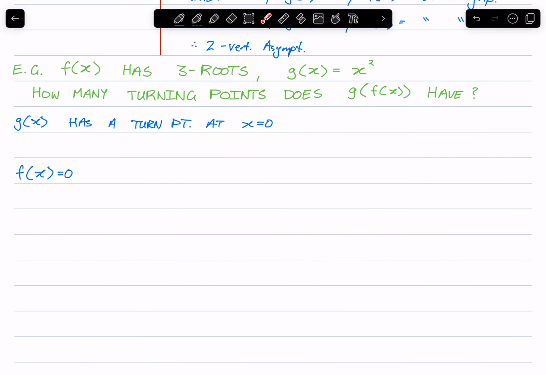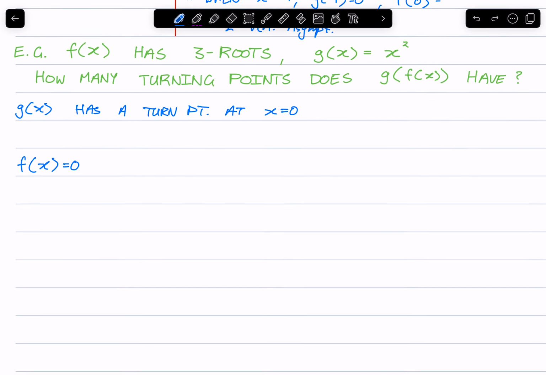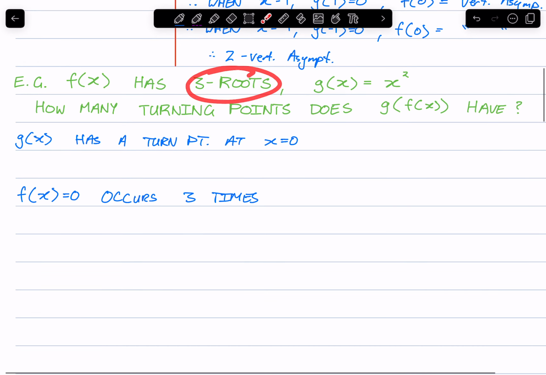These 3 roots are, well, this root, f of x equals 0, occurs 3 times. We don't know when it happens because there are no indications as to what the x value is for this.